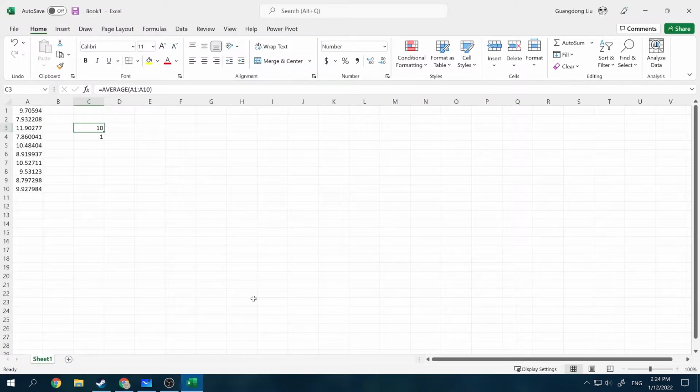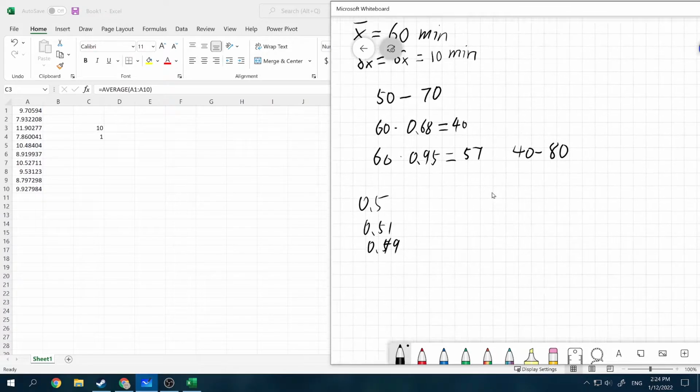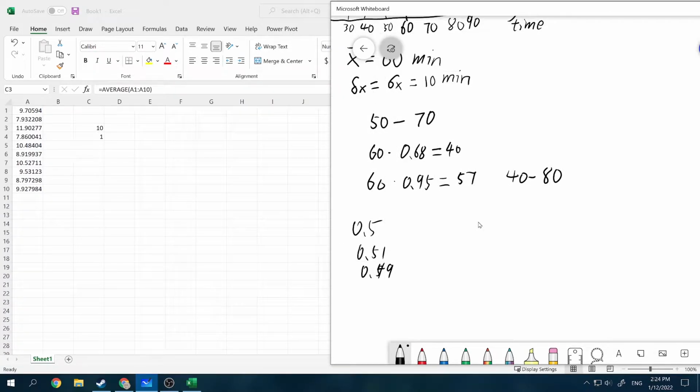So now what you're going to report, your measurement, is actually going to be 10 plus minus 1. So 10 is your mean, 1 is your standard deviation, STDEV. This is what you're going to be reporting.